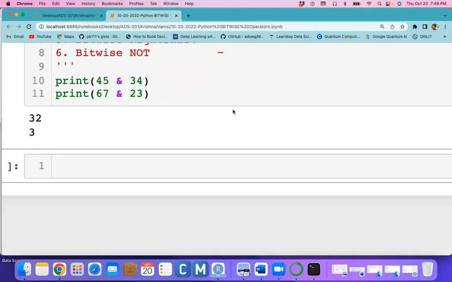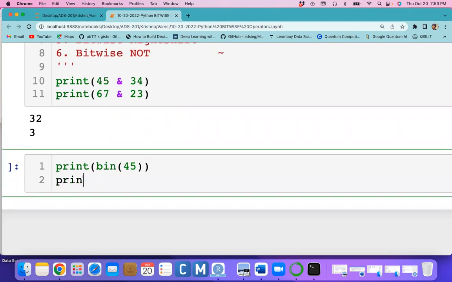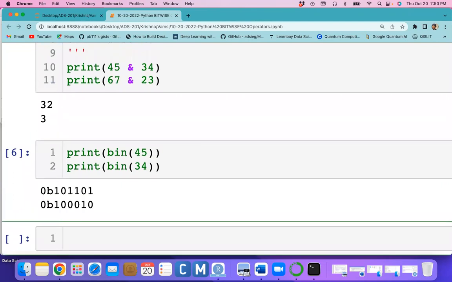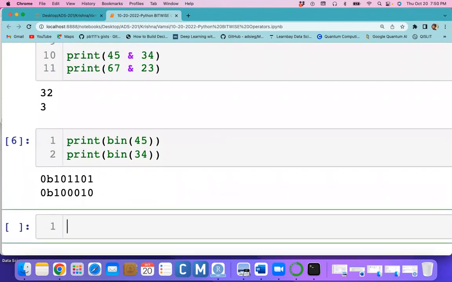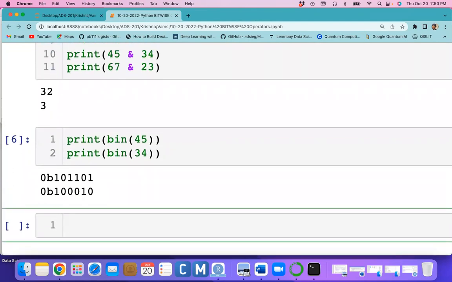I already told you, right? First, whatever number we have, it is converted into a binary number. So print bin of 45, and meanwhile we convert the binary number for 34. If you want to convert it mathematically, I already explained that, but for directly looking at those numbers, we can use the bin function here.